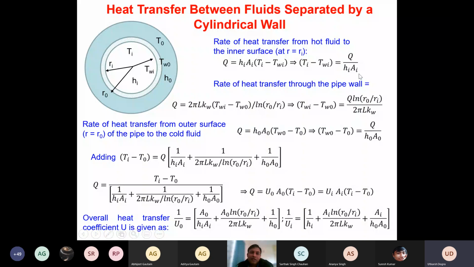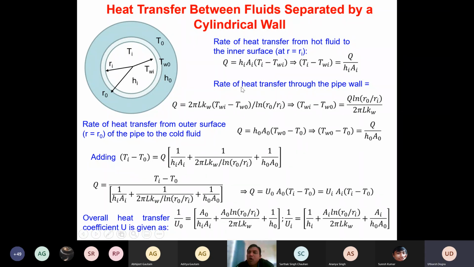Now let's concentrate on this cylindrical metal wall here. In this metal wall, the heat transfer will take place by what? Conduction. And for a cylindrical metal wall, the conduction equation we have already derived, isn't it? In the conduction topic itself we derived it, and this is the equation we obtained there. So Q is given by 2 pi L Kw times Tw1 minus Tw0 divided by ln R0 by Ri.